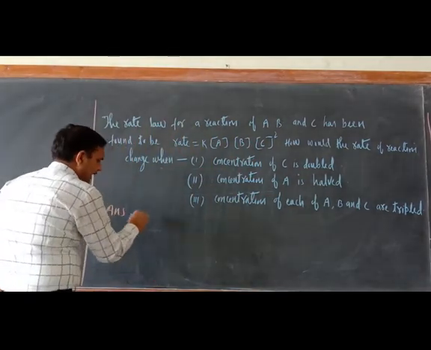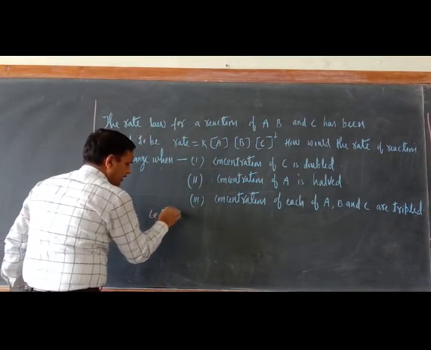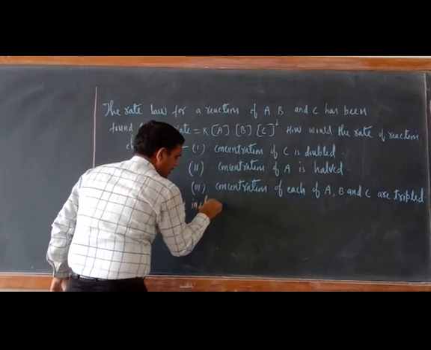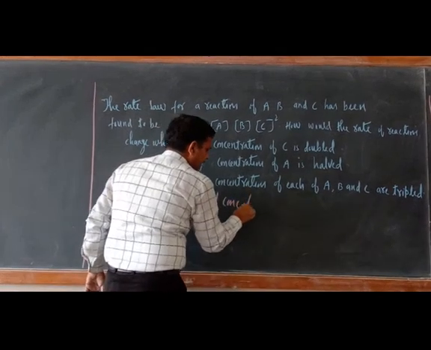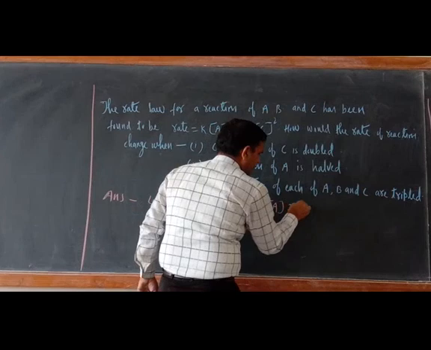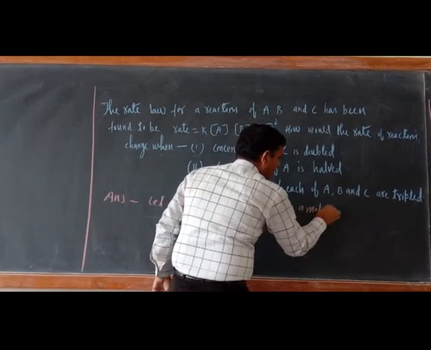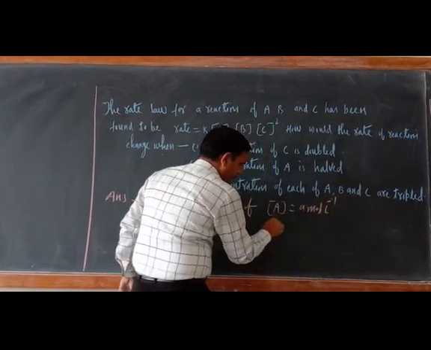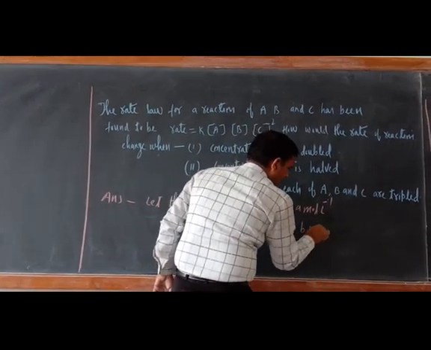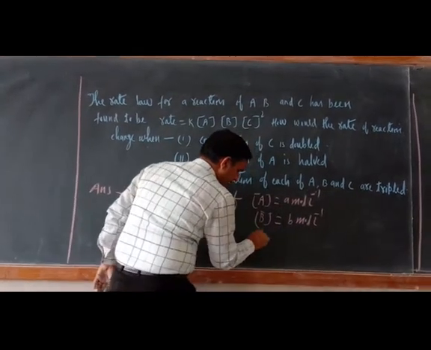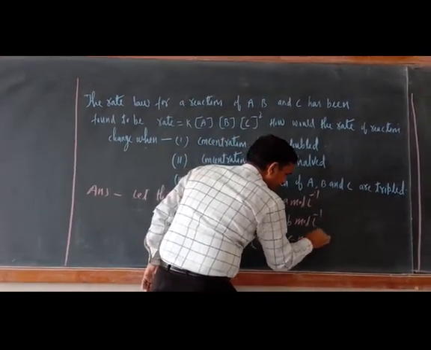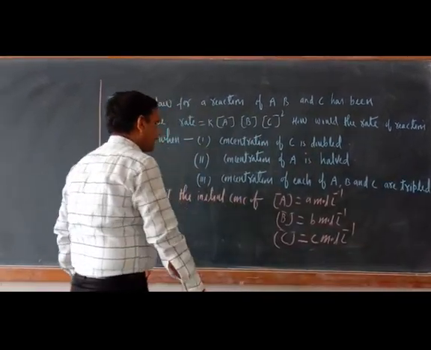So let the initial concentration of A equal to a mole liter inverse, B equal to b mole liter inverse, and C equal to c mole liter inverse.